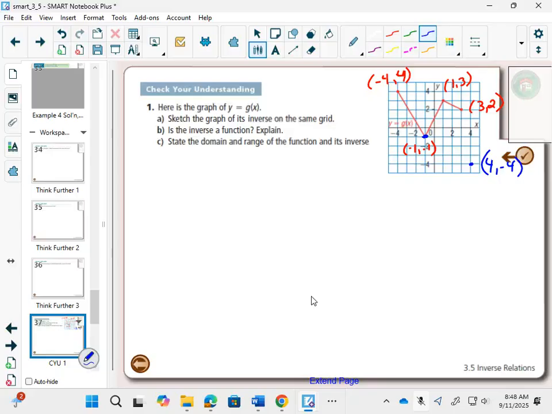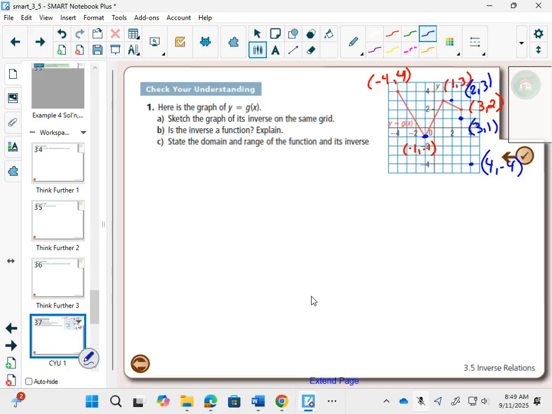But 1 comma 3 will be 3 comma 1, and 3 comma 2 will be 2 comma 3. So that's switching the points.